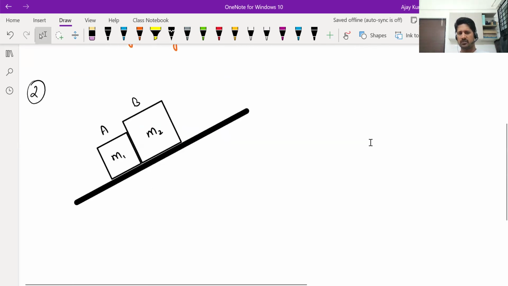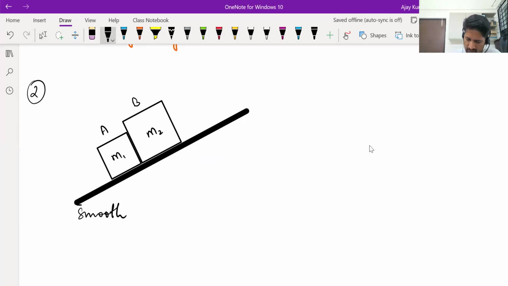Now consider this situation, all of you. Again, this is also a smooth surface itself. If you want, you can consider the angle of inclination as theta. There are two blocks placed in contact on this surface and we release the system. System is released with the blocks in contact.